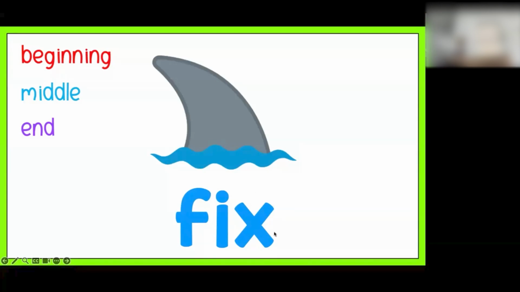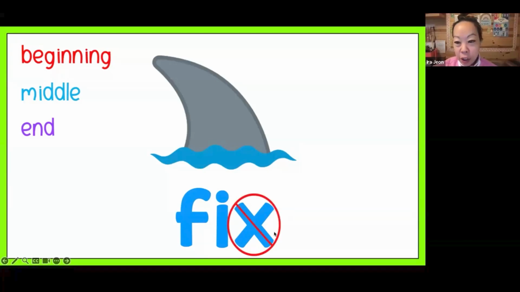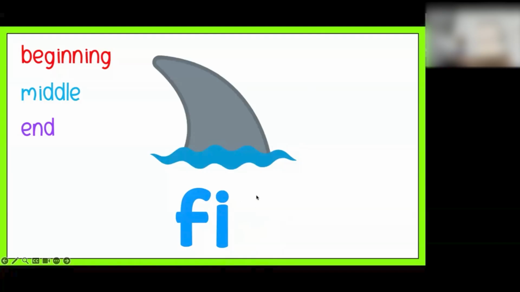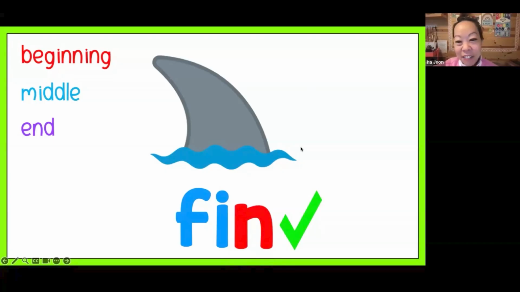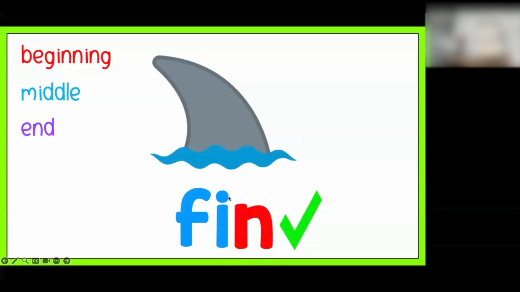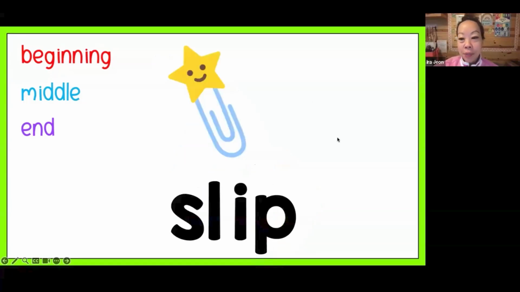Yeah, that word says pix. So the X needs to go bye-bye. And what letter should go there, Yajva, to make the word pin? N. Yeah, what letter should go there? N. Yes. That's correct. And now we have the word. What is this word, Yajva? Pin. Yes, good. Yajva answered all the questions.